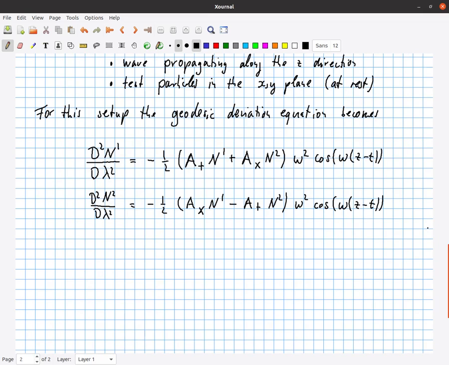You can fairly easily convince yourself that solutions to these equations describe some form of harmonic oscillations.